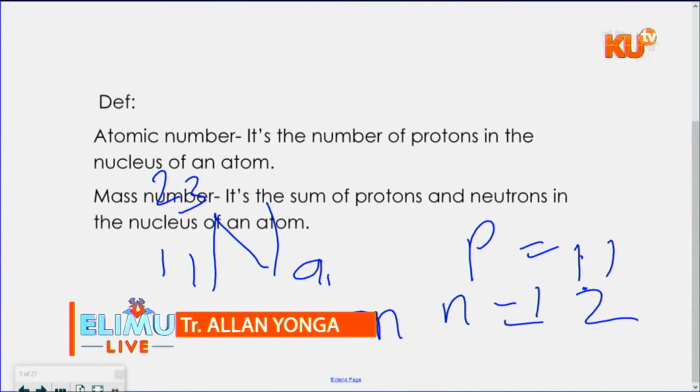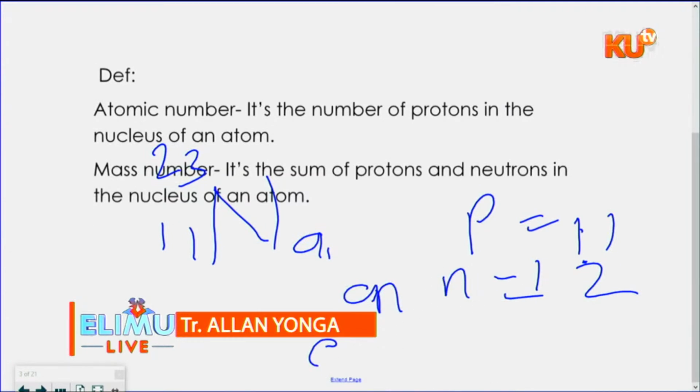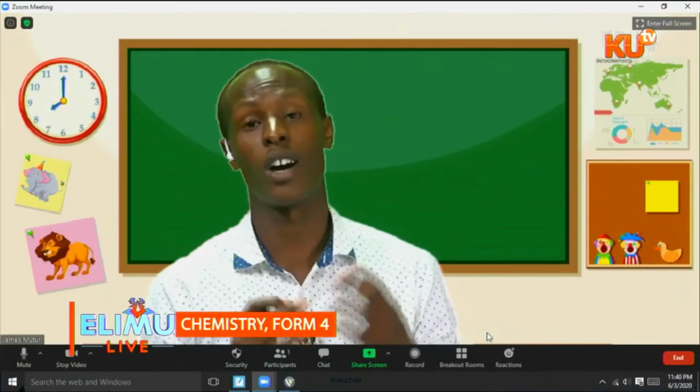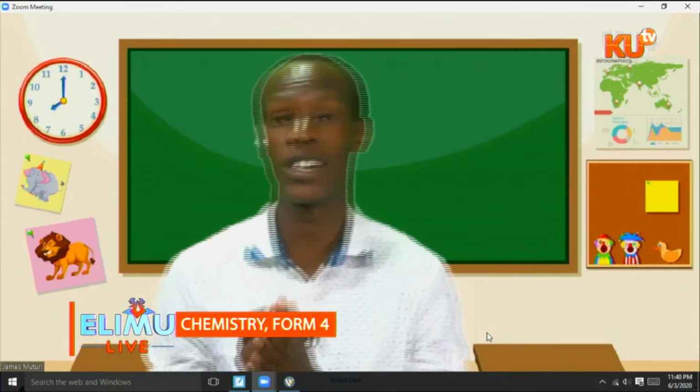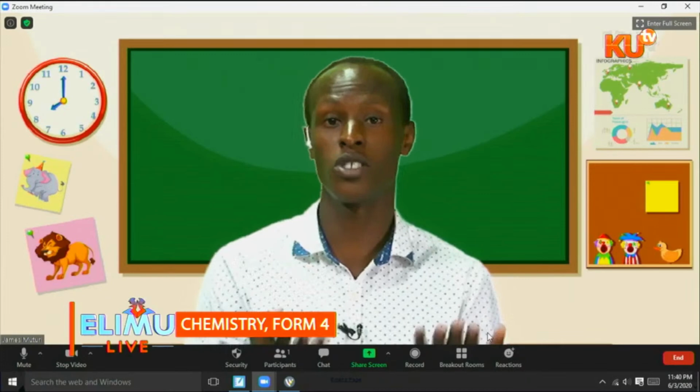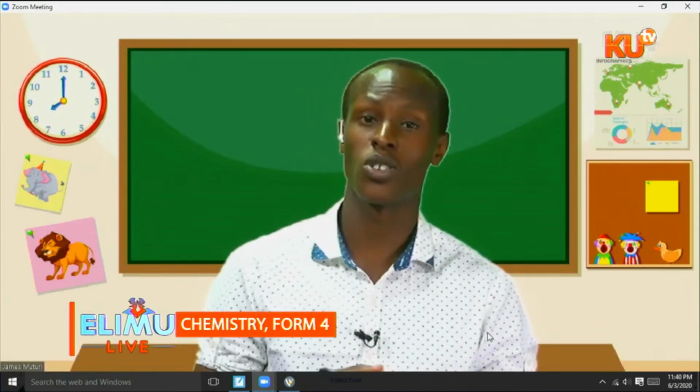Then what about electrons? You can also be asked to calculate the number of electrons, or E in short. So how many electrons does it have? For a neutral atom, the number of protons is always equal to the number of electrons. We'll check when it's not neutral. If it's not neutral, the protons and electrons are not equal.